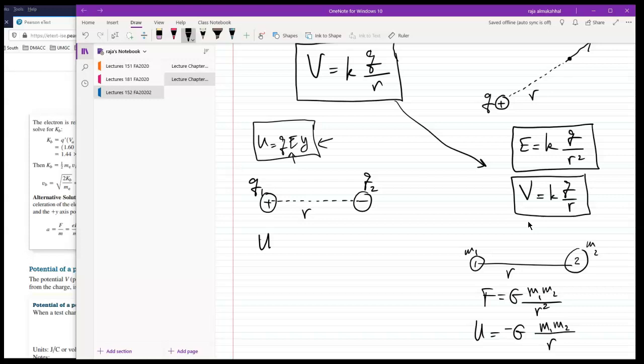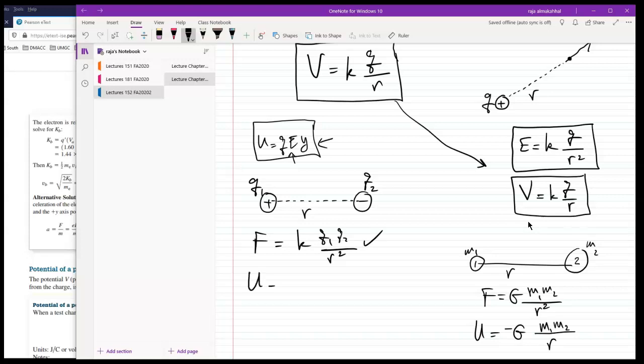Well, similarly, we have something similar. Let me go back. So between two charges, we have the electrostatic force between them, whether it's attractive or repulsion. Again, that's the subject of chapter 17. We have K, Q1, Q2 over R squared, right? Coulomb's law, Coulombic force. For this case, it's a Coulombic attraction.